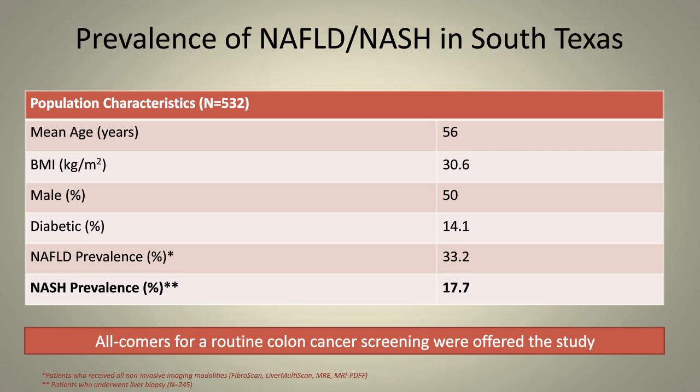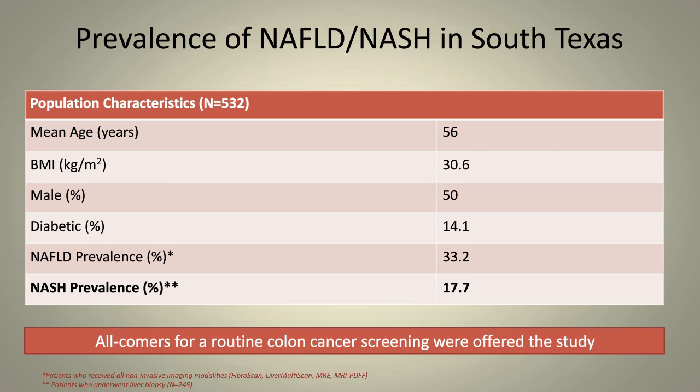Now, this is the next line, NASH prevalence. This is where it really gets scary, because we found the prevalence of NASH to be almost 18% in this population of patients. The quoted literature is 3 to 5%. Now, granted, that's all comers, and we know people in their lower 20s or teens don't have as high a prevalence as patients in their 50s, 60s, and 70s. We also know there's a drop-off in prevalence in the 80s and 90s.